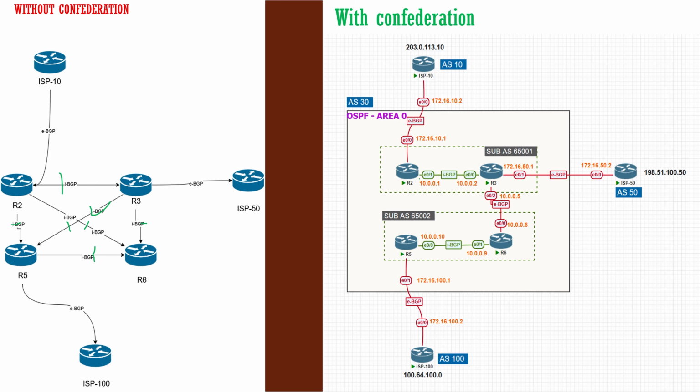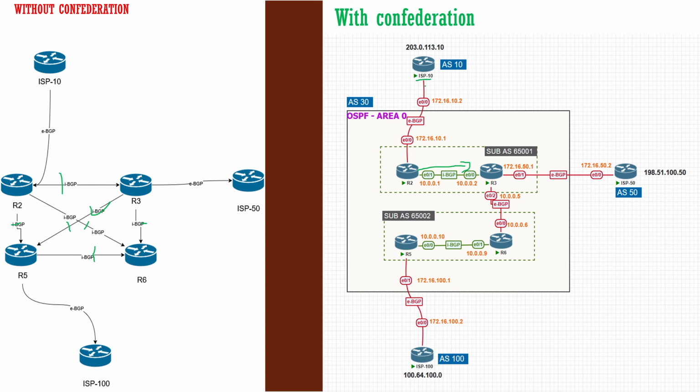So now whenever there's a new route, let's say sent from ISP10, we are an eBGP peer and we have an iBGP peering. So obviously we will share the route that we learned from ISP10 with router 3.